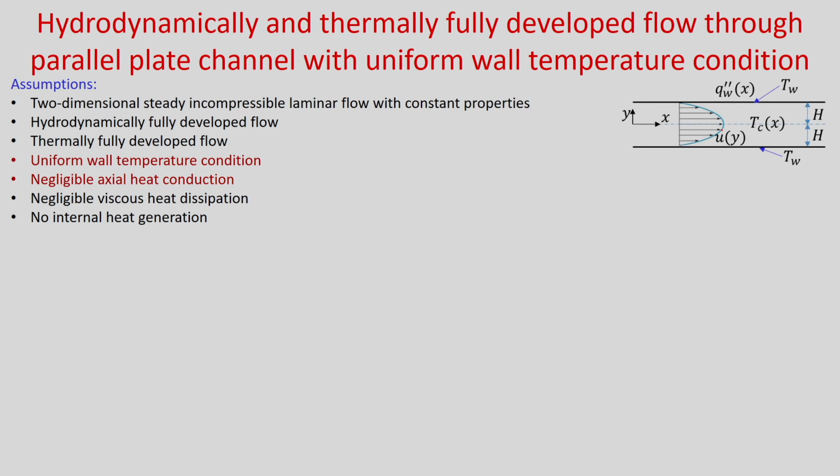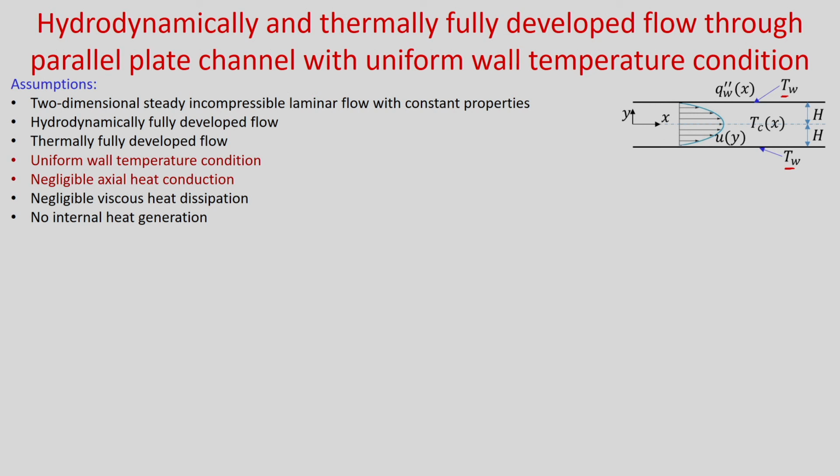So, you can see in this figure, we have a parallel plate channel with uniform wall temperature boundary condition. X is the axial direction, y is measured from the center of the channel, and these two parallel plates are separated by a distance 2h. We are considering thermally fully developed and hydrodynamically fully developed condition.